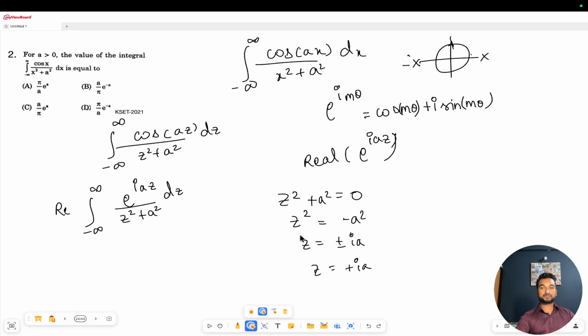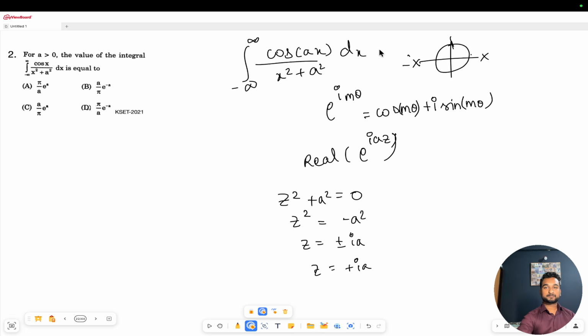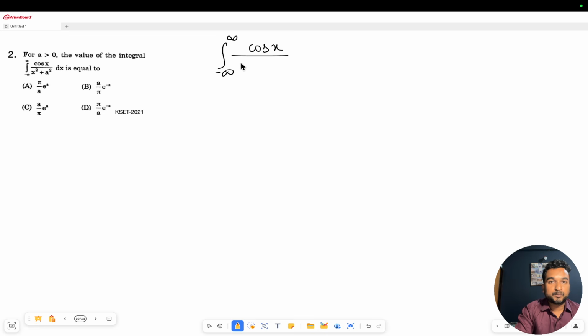Let's solve this question. Let's take the question. You have the integral from minus infinity to infinity of cos x upon x square plus a square dx.